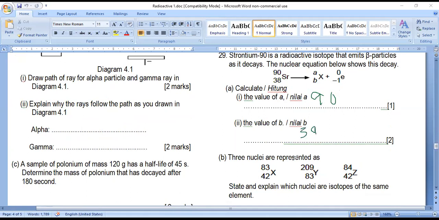Three nuclei are represented as shown. State and explain which nuclei are isotopes of the same element.